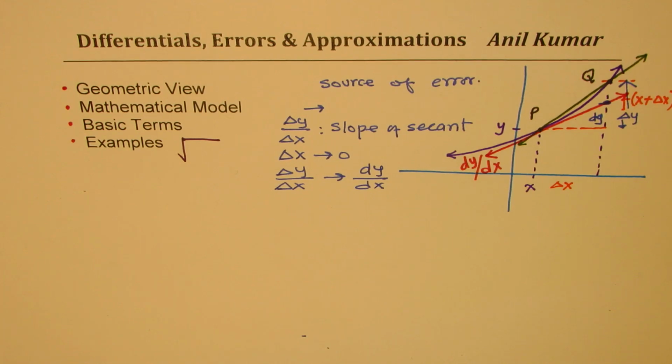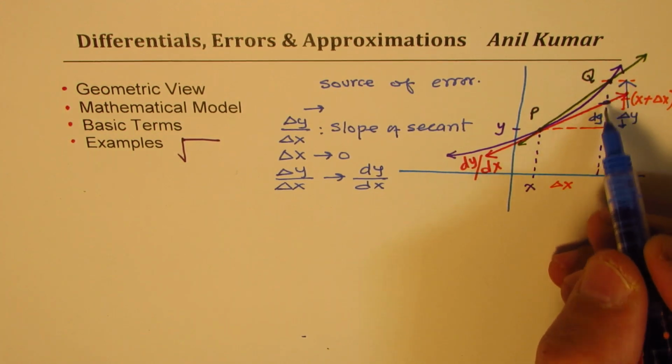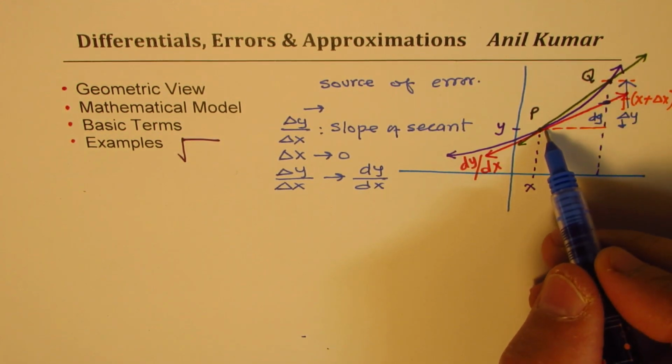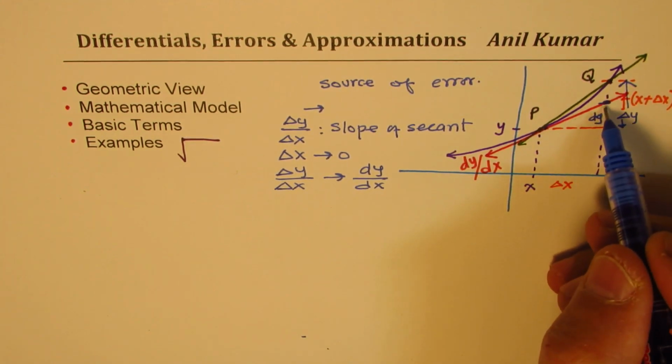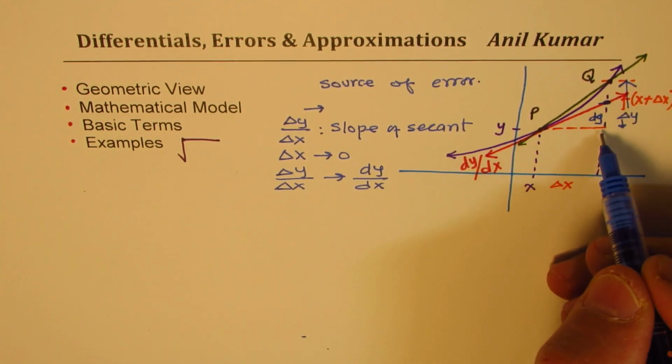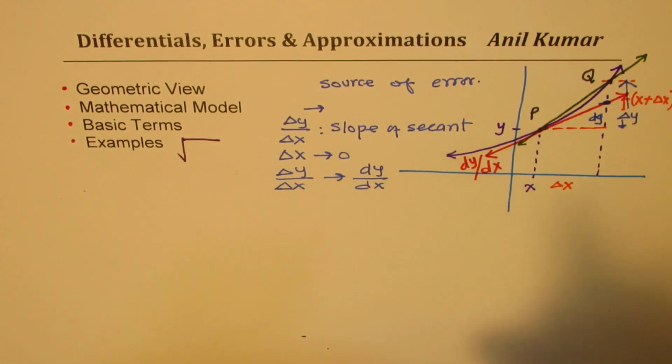So it approaches, it is not exactly there, right? You can clearly see there is always a difference, since we cannot have just one point. So there is a separation. So dy is this point which we are normally talking about, and delta y is that bigger one. So delta y over dx is different.